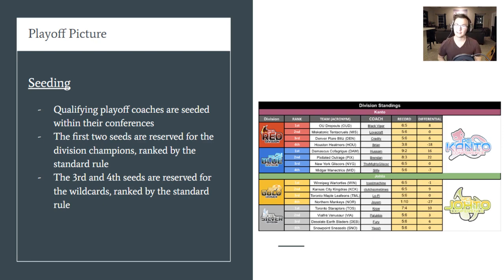People in Kanto battle it out, people in Johto battle it out, respectively, in their own conferences, and then the winner, therefore champion and representative of Kanto, plays in the finals against the winner, champion, representative of Johto, and we have a final battle in Origins, which is always exciting. So, conference hype galore. The first 2 seeds within the conference are reserved for division champions.